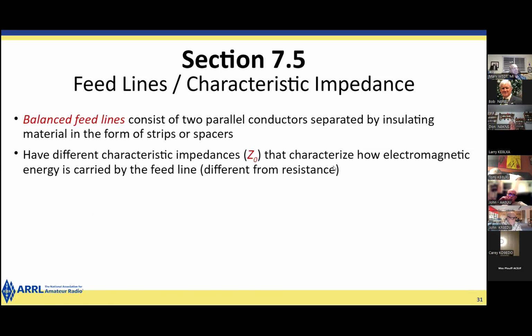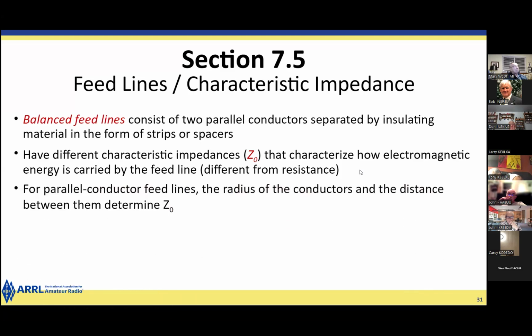They have different characteristic impedances that characterize how electromagnetic energy is carried by the feed line. It's different from resistance. For our parallel conductor feed lines, the radius of the conductors and the distance between them determine Z.